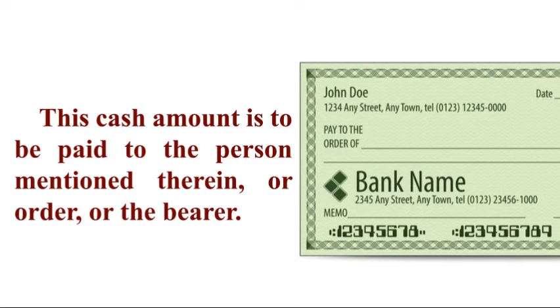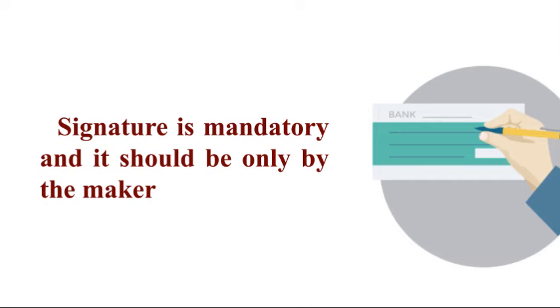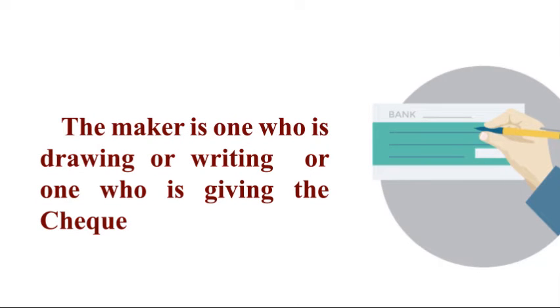This cash amount is to be paid to the person mentioned therein or order or the bearer. Signature is mandatory and it should be only by the maker. The maker refers the person who is drawing or who is writing or who is giving the check.